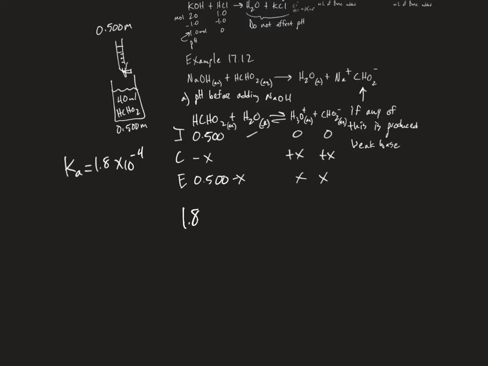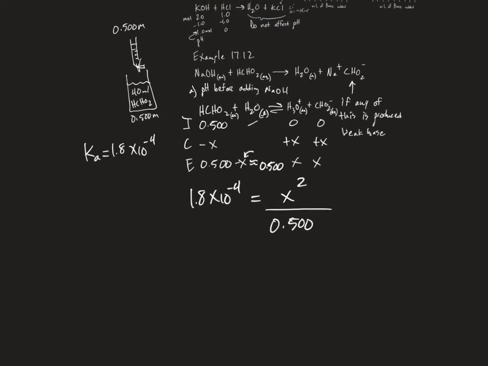So 1.8 times 10 to the negative 4 should be equivalent to X squared divided by 0.500. Remember, we're going to make the assumption that this X is so small that this basically equals that. And in the problem, the book actually says, assume that less than 5% of the acid ionizes in solution. So it's saying, go ahead and make that assumption. And that usually always works, but you always want to be careful. But we're going to assume this assumption works and proceed from there.